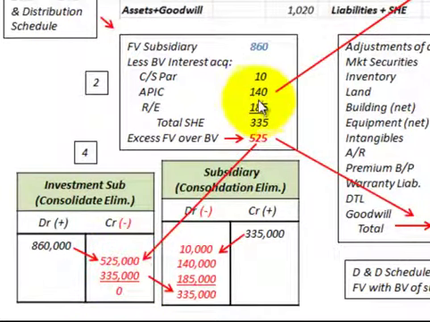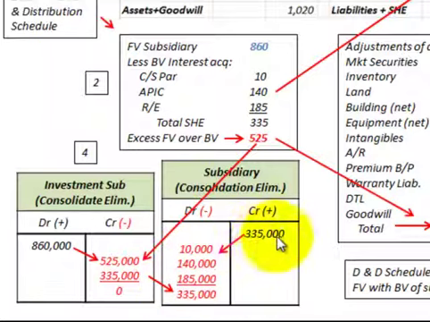And again, we can go up to our distribution schedule, and that was the equity amount, or the book value of the equity acquired from Corporation B. And the $335,000 balances with the fact that we have to eliminate Corporation B's equity account for the stock value plus the retained earnings amount.